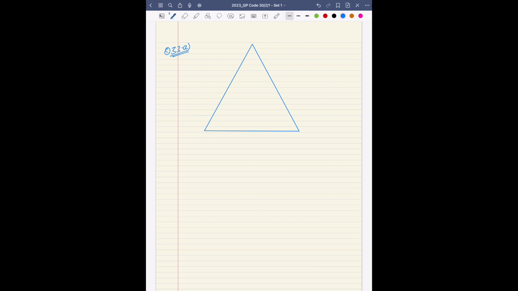What it's saying is, if we draw a parallel line to one of the sides, so let's say this is A, this is B, this is C. So this is the line we are drawing parallel to the third side, and we can call it D and E. Then if this parallel line cuts the other two sides, which are AB and AC, in distinct points, then we have to prove that AD upon DB is equal to AE upon EC.